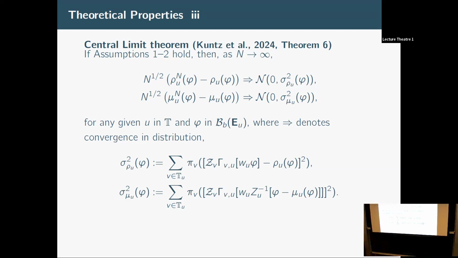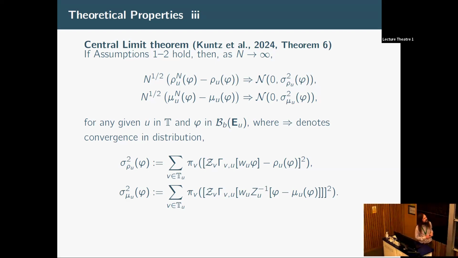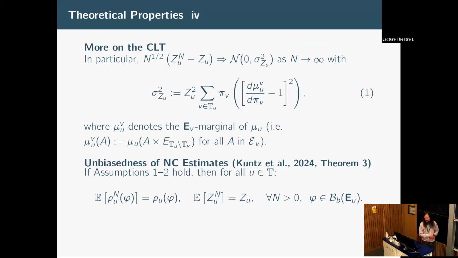But this does sort of tell you what's going on, and it tells you there's no magic, and it tells you the rate of convergence is root n, which I'm sure comes as a great surprise to everyone. And you get the same kind of statement for the central limit theorem for the normalizing constant, and you can rewrite it in a familiar form, the difference being, again, that you've just got a sum over all of the nodes in this tree rather than a sum over all the previous points in a line.